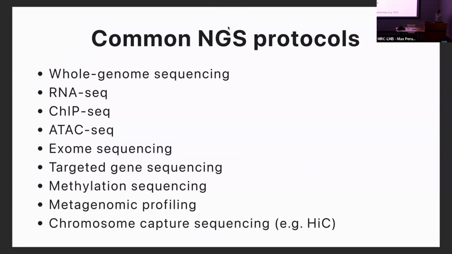As I said before, it's been a transformative technology. It has either completely revolutionized existing fields or developed new fields. For example, with whole genome sequencing, you can now sequence an organism in a day or two, whereas it would take months or years. You can identify the transcriptome of an individual tissue by RNA-seq, or you can identify, for example, protein DNA interactions using ChIP-seq.